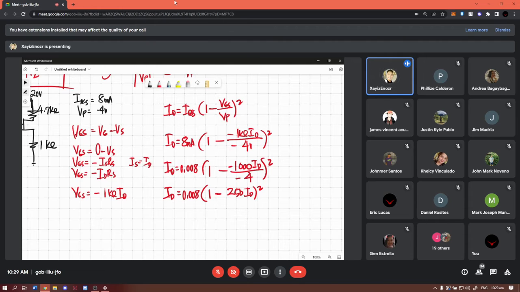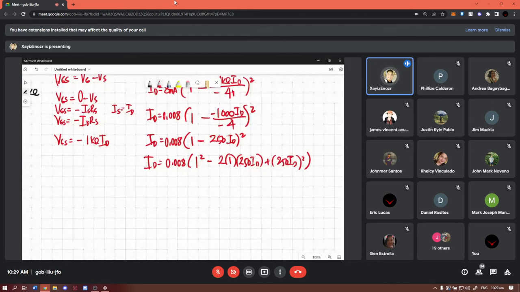So, ayan. So, expand natin yung nasa loob ng parenthesis. So, 1 squared minus 2 times 1 times 250 ID plus 250 ID squared. So we have ID is equal to 0.008 times 1 minus 2 times 1 times 250, that is 500 ID, plus 250 squared.